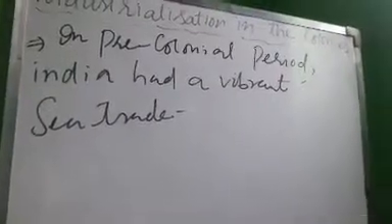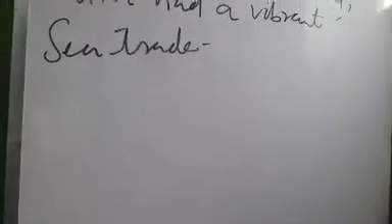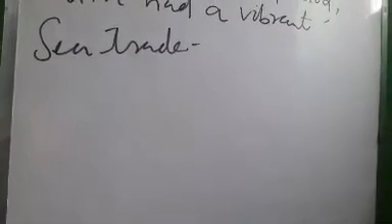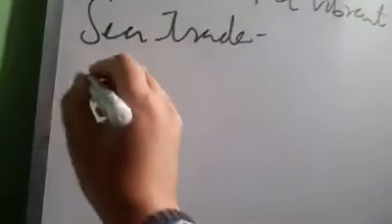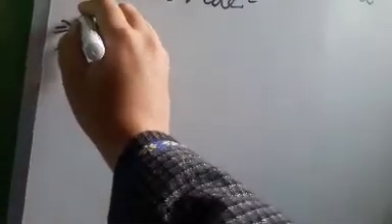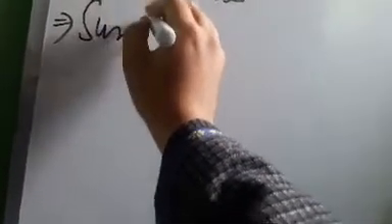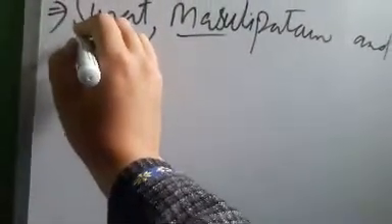In the pre-colonial period, that is before the British, before the age of machine industries, India had a vibrant sea trade, and that trade was carried mainly through various ports, and among them mention may be made of important ports such as Surat, Masulipatnam, and third was Hooghly.